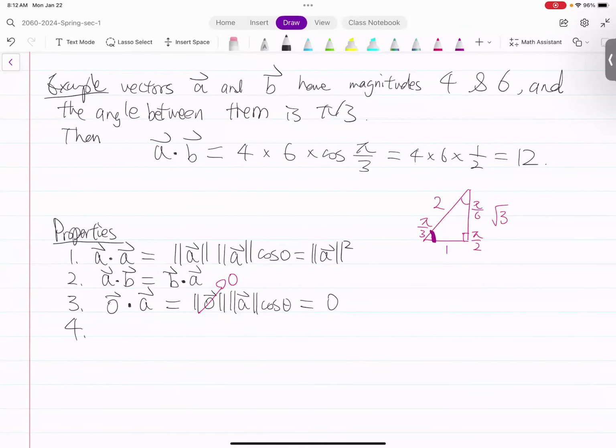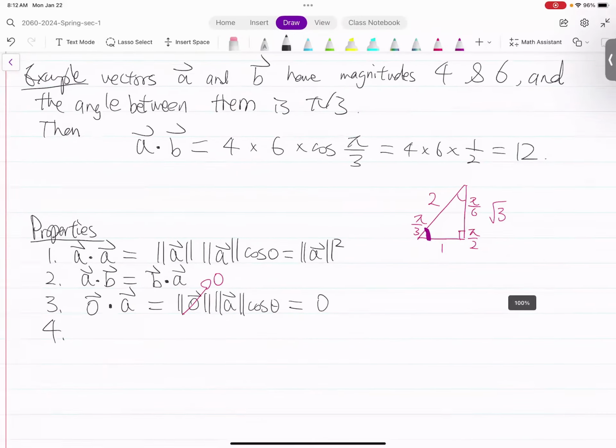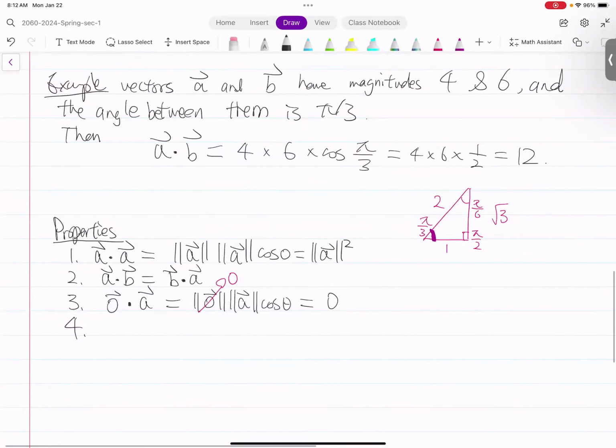And now, item 4 is gonna be a complicated one. So number 2 is saying we can commute, right? But item 4 is about distribution.